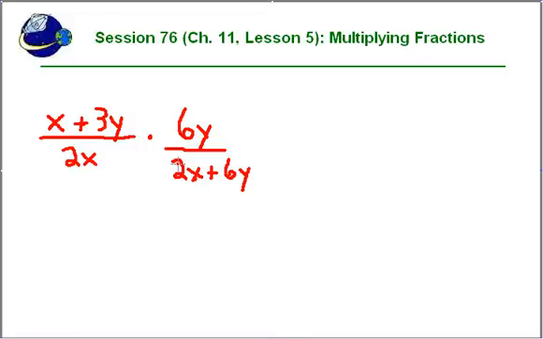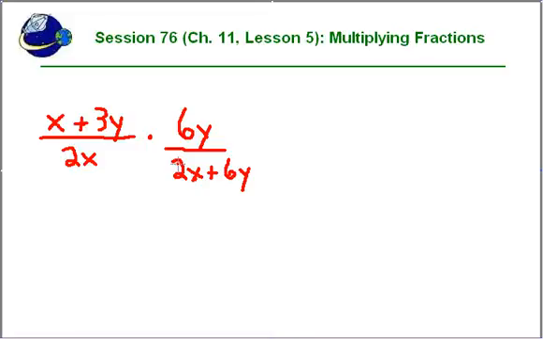Another method is, if you remember, canceling fractions before you actually multiply them. You look for common factors in the numerators and the denominators ahead of time, and you cancel those out. And then once that's canceled, you go ahead and multiply your remaining numbers together, and you get an answer that is more likely going to be in lowest terms if you effectively factored out everything to begin with.